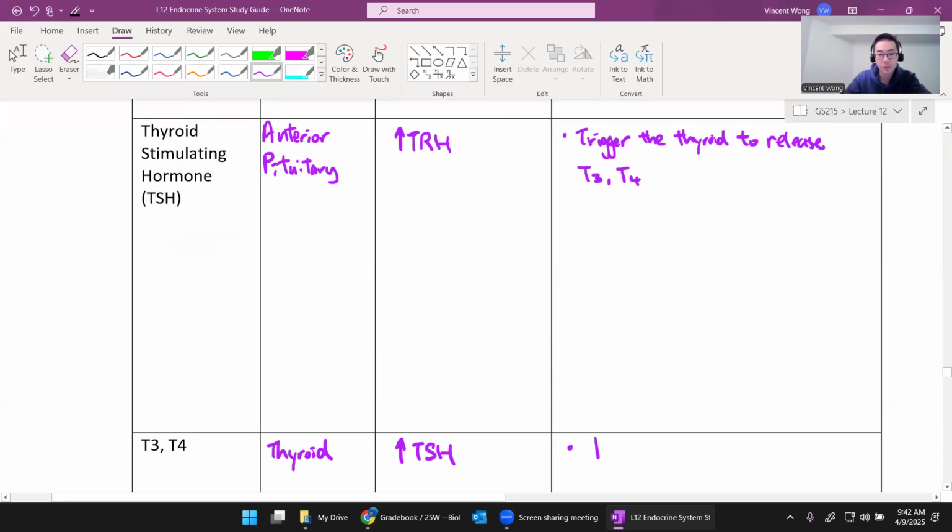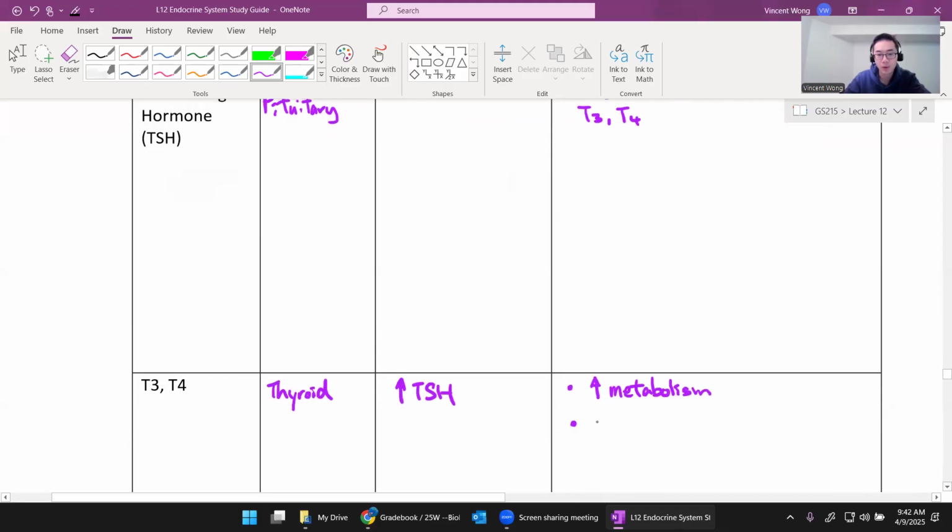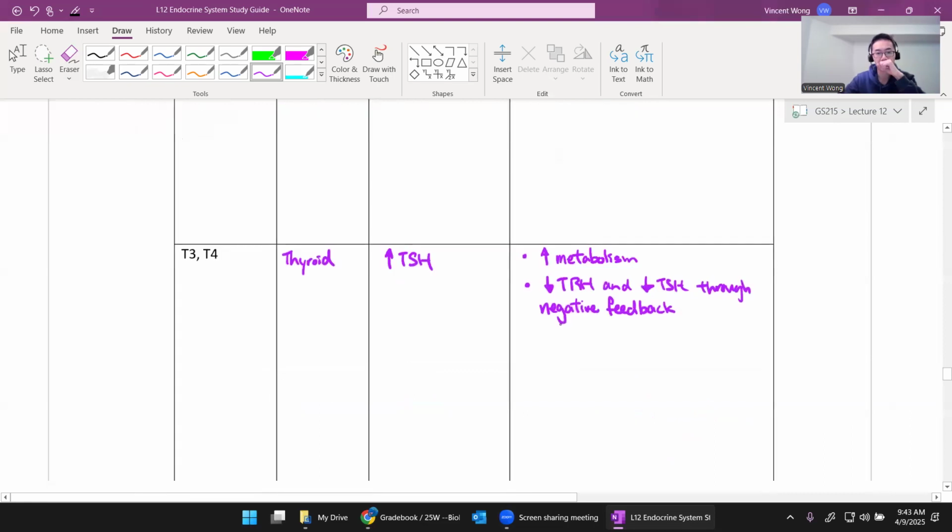And the effects would be increased metabolism and also lower TRH and lower TSH through negative feedback.